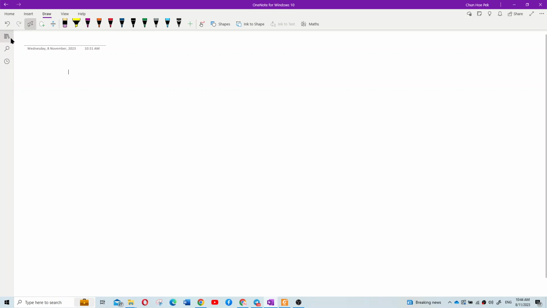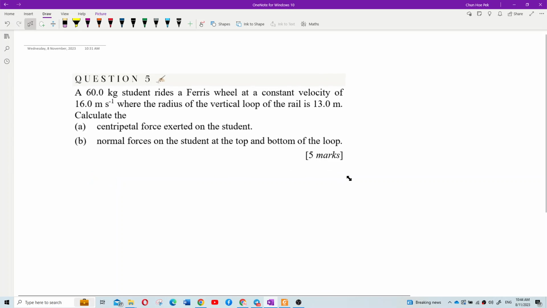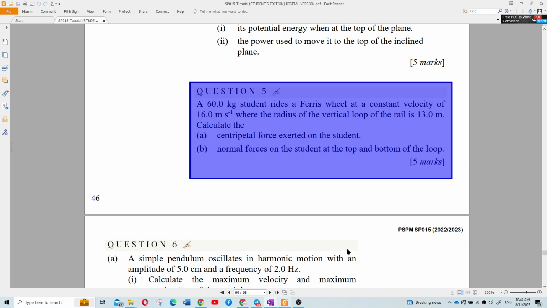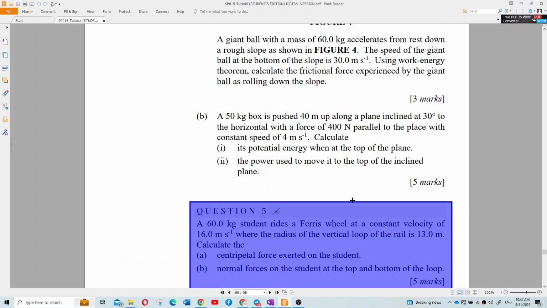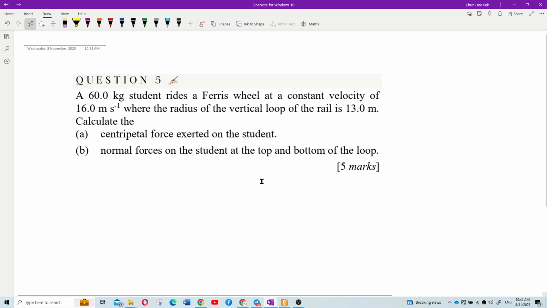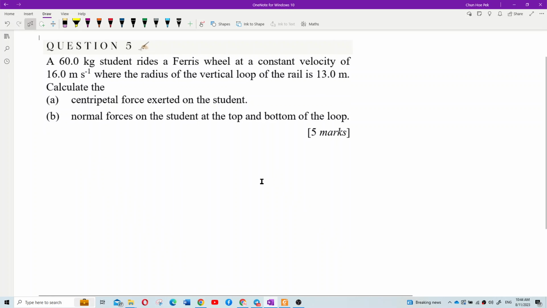Okay, question 5. The last question. 5 marks. Wow. Okay. Centripetal force. Ferris wheel. Okay, so let's try the questions.